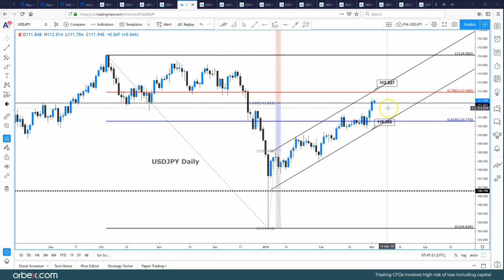Even though we've got this 161.8% extension level, we have pretty much cleared that. I don't think there's any clear indication that this upside rally is coming to an end. I think the long-term focus for dollar yen is still to the downside, but there's no real clear indication of stalling in price action yet.